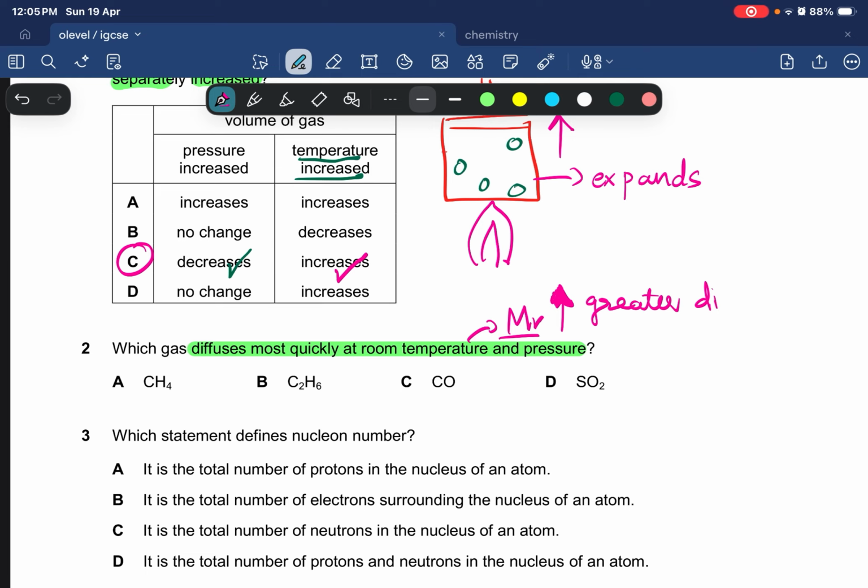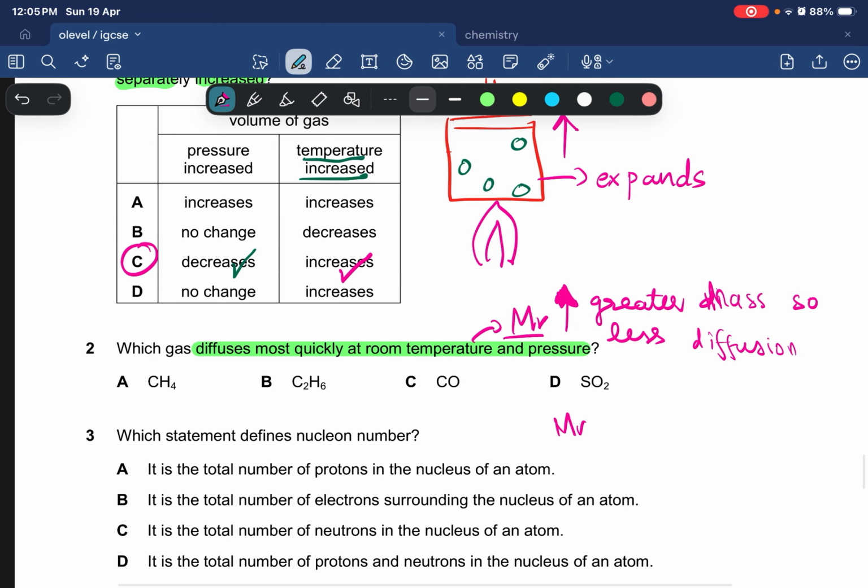You have greater mass, so less diffusion. And if you have less Mr, then your gas is lighter. And if the gas is lighter, that means it can diffuse more.